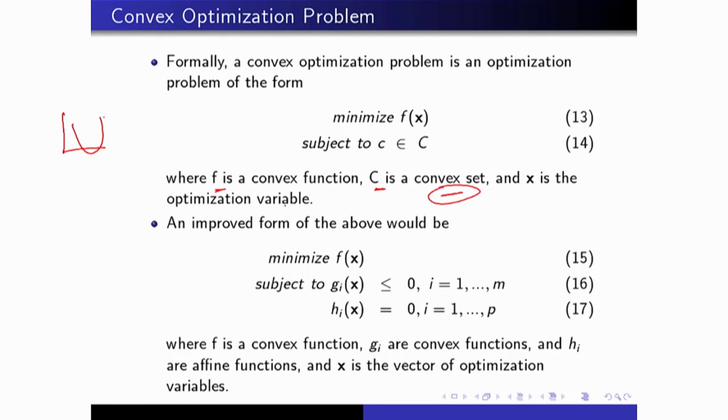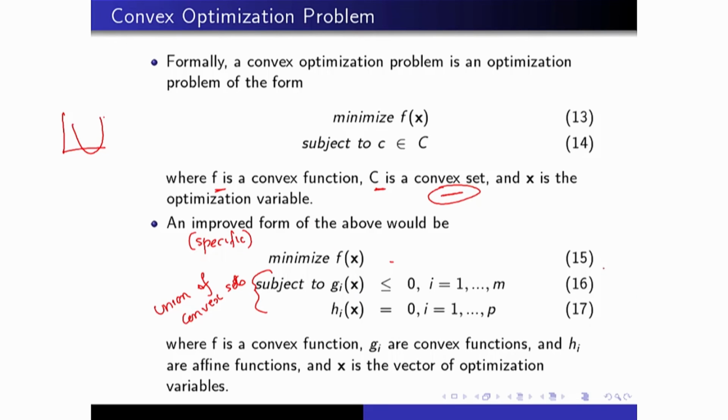A specific form of the constraint optimization problem is where the constraints are provided as a union of convex sets. How do you ensure that these are convex sets? What do I mean by convex set?